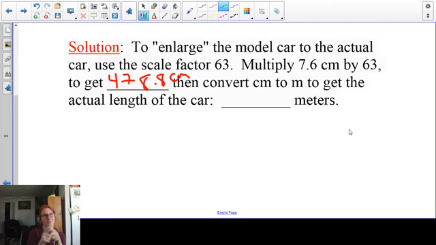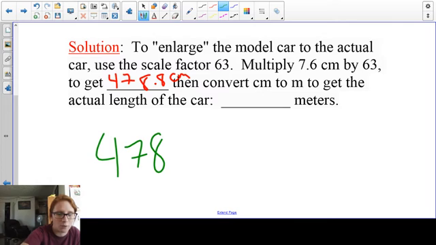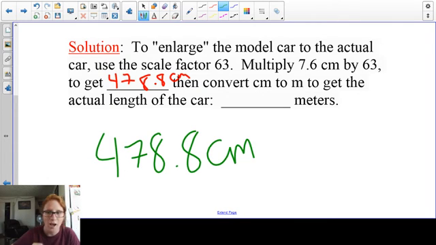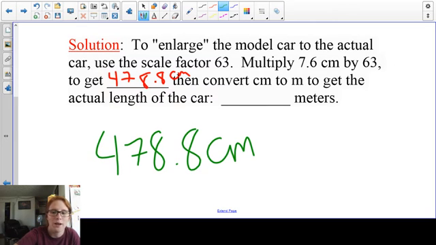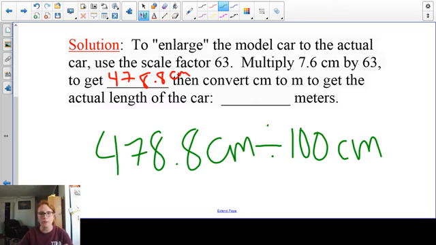So how many centimeters are in a meter? 100. Good. So if I have 478.8 centimeters, I want to divide that by 100 centimeters in order to get the number of meters that I have. Which means I have my car being 4.78 meters.